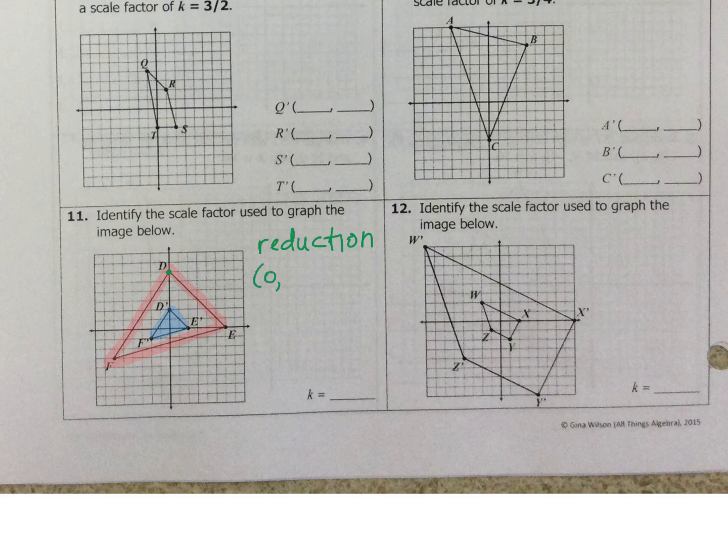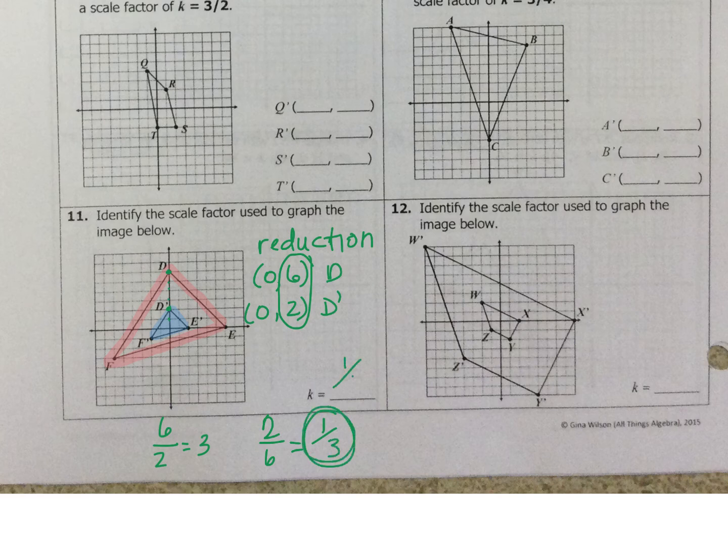For the first one it is 6, and the second D right here is 2. Now, I need to take two numbers, and it can't be 0, and make a fraction out of that. If I do 6 over 2, I get a 3. If I do 2 over 6, I get a 1/3. Well, this is the small number, so my K is 1/3.